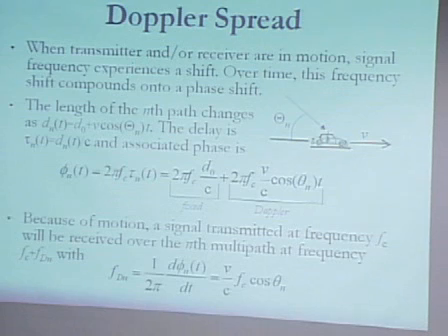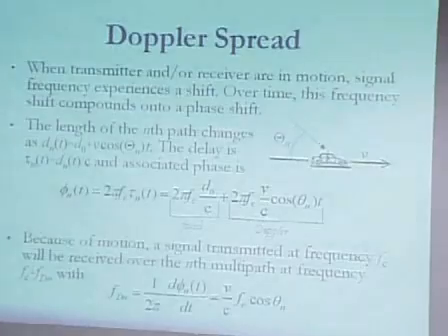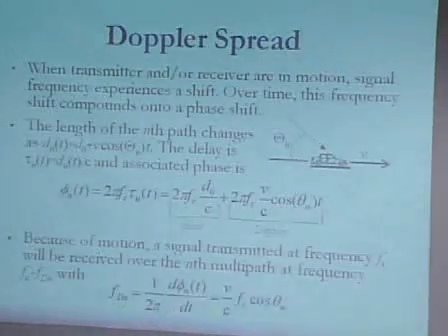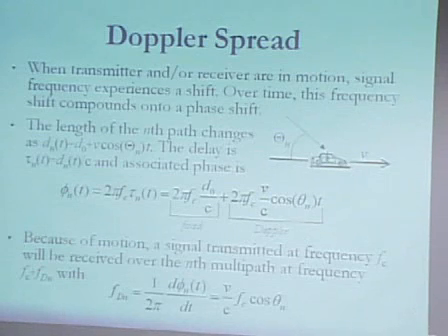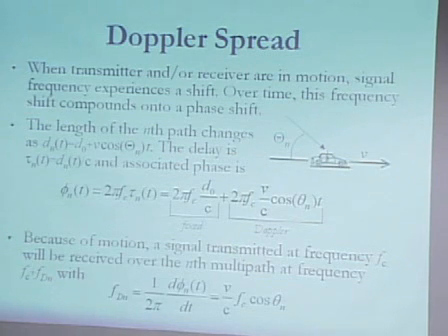What happens with Doppler is that you're sending a signal of a certain frequency. Imagine you're sending a cosine of a certain frequency, but the receiver or the transmitter or both are moving. The cosine gets compressed or expanded by the motion, and that changes its frequency. If you move towards the receiver, you're going to compress the cosine, and so increase its frequency.